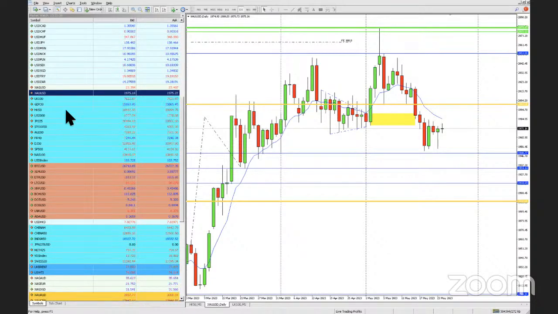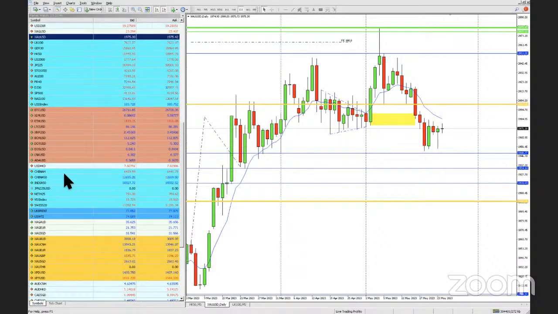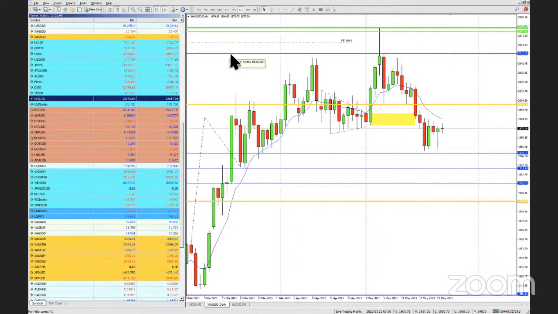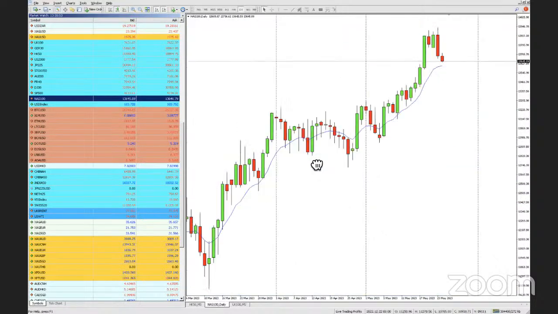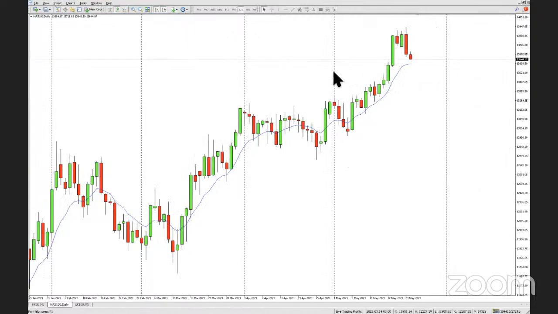So any market that you trade. Gold is one of the charts that I trade, so I'm going to leave that. NASDAQ. Where is NASDAQ? NAS 100. Okay, let's use that. Just pull that in.